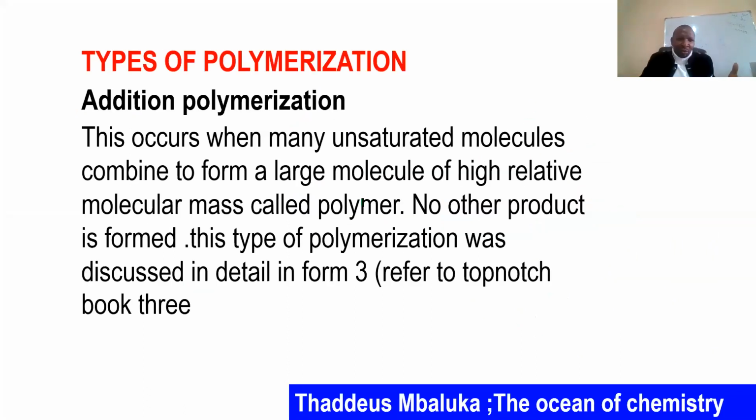We have addition polymerization. This occurs when many unsaturated molecules combine to form a very large molecule of high relative molecular mass called a polymer. So addition polymerization is whereby many unsaturated molecules combine to form a very large molecule by breaking up of the double bond.